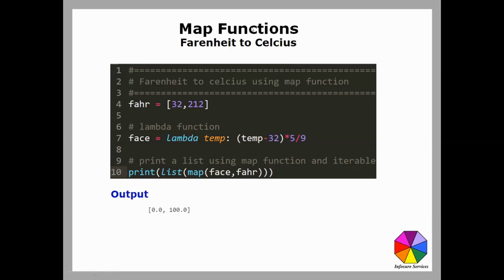Okay, the map function is just as it states, the word map as a function. It's a built-in function. What it does is the map function takes the first argument as your lambda function. Then the second argument is a list, an iterable.